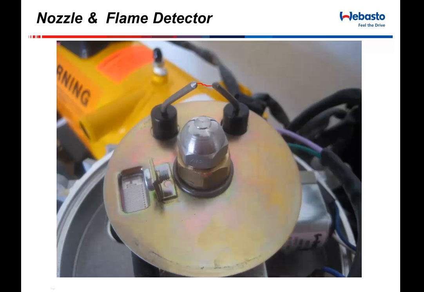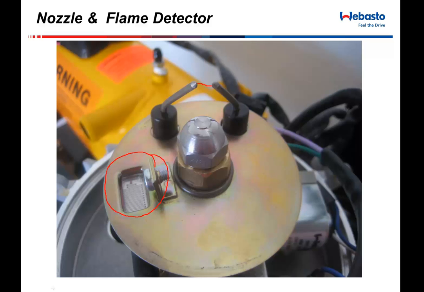Once that flame is created, there is a photocell that sits right next to the nozzle area. That photocell changes resistance with light, and it's the signal that the electronic control unit is looking for to say, hey, I lit. It sees the light of that flame and it turns off the coil.